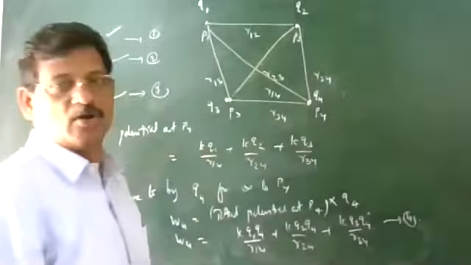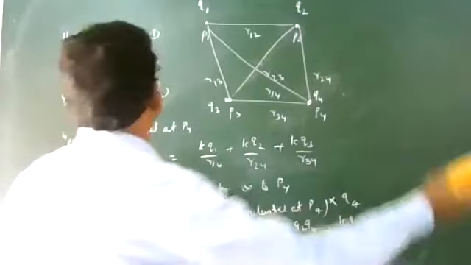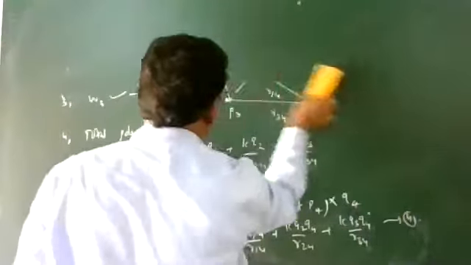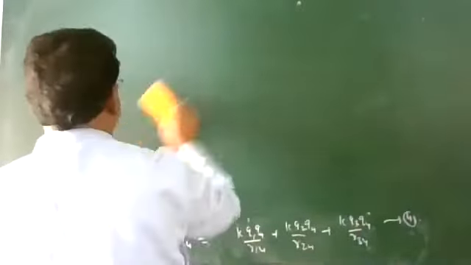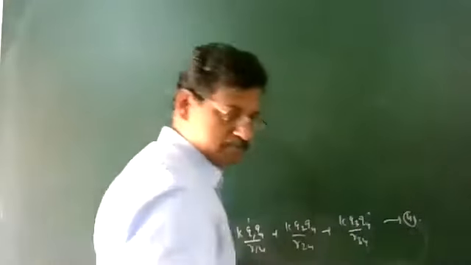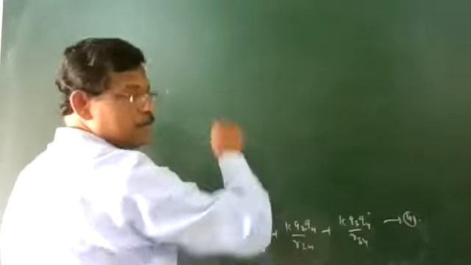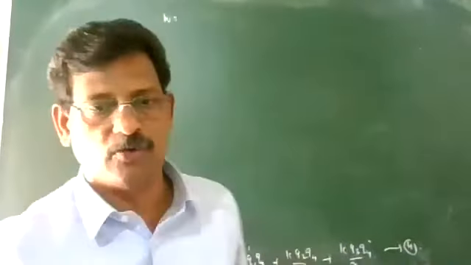Total work done to assemble W1, W2, W3 and W4. We have to add all the equations. So total work done to assemble all the charges to their location: W equal to W1 plus W2 plus W3 plus W4.